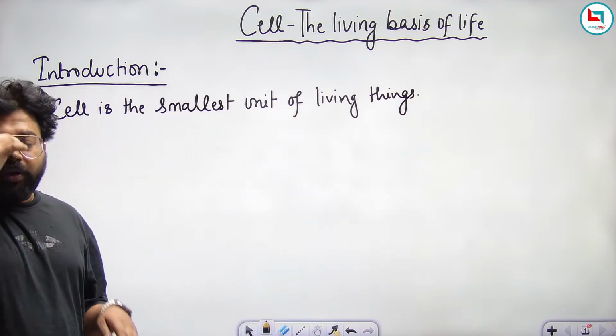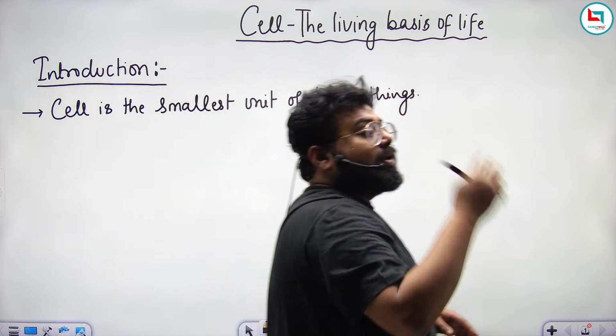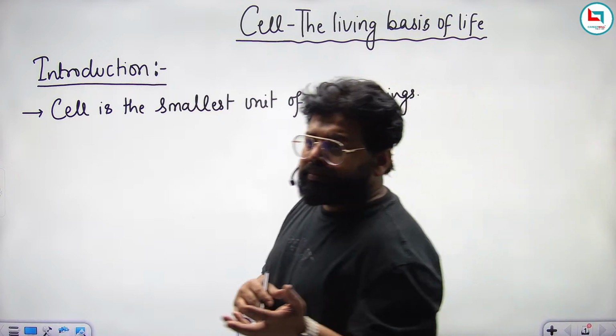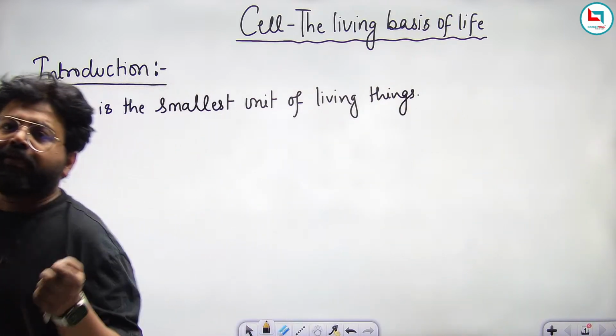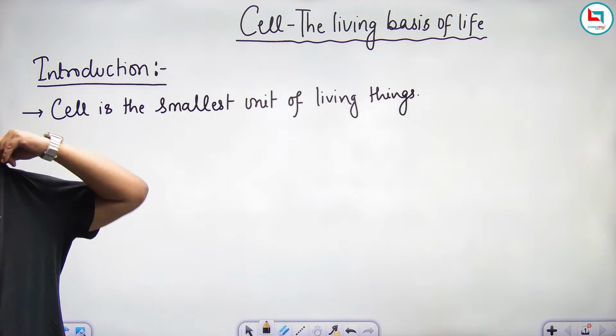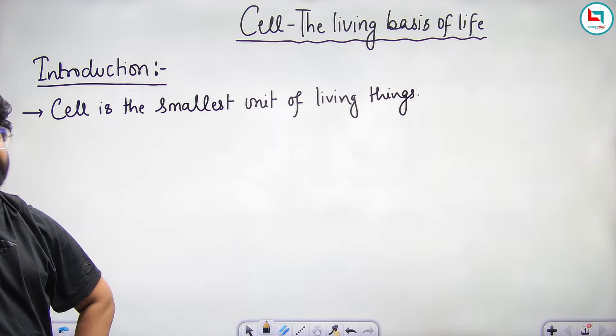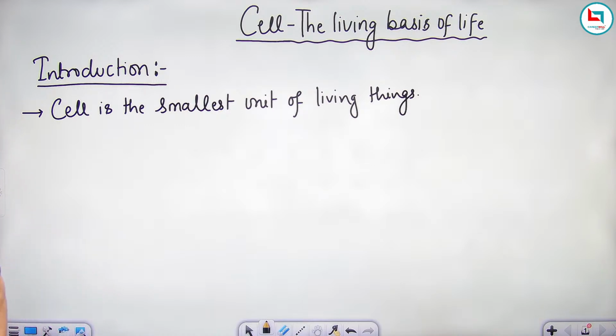Now if we talk about science, we call the smallest unit an atom, but atoms are the things which comprise matter. If we talk about living organisms, the smallest unit in living organisms is the cell.